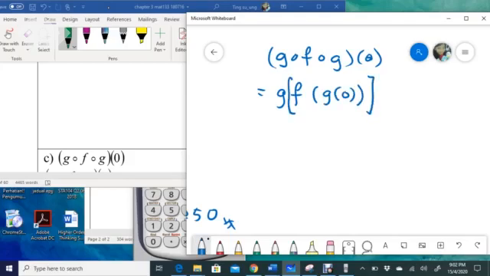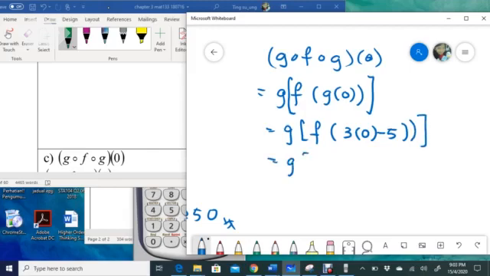Is it okay? You follow the sequence, meaning you need to solve the inner part first, g(0). Substitute your answer in. So this is 0, so negative 5.